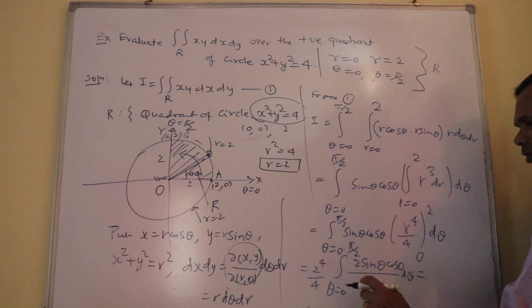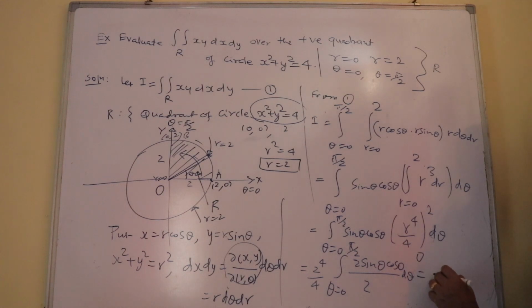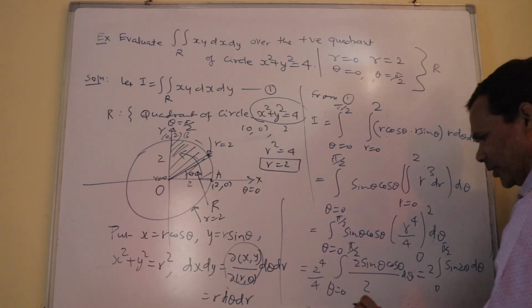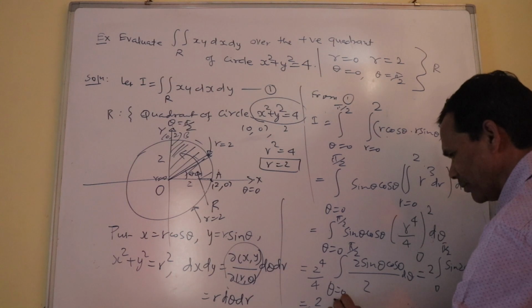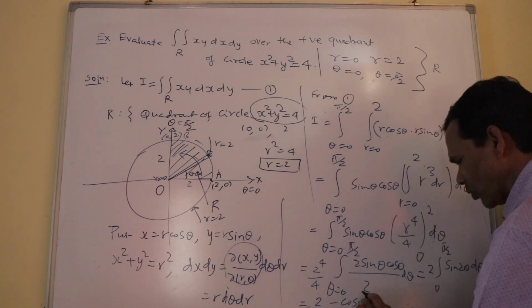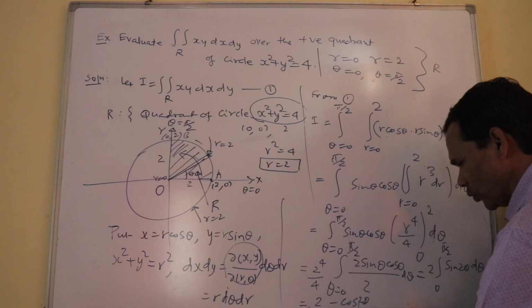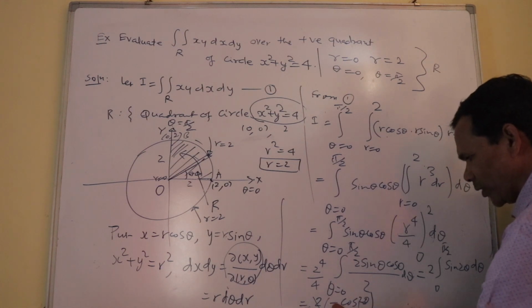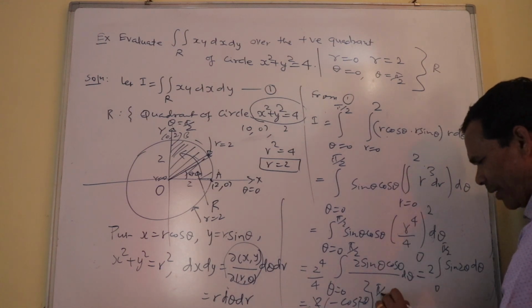or 16 upon 8, it is 2 times integral 0 to pi by 2 sin 2 theta d theta. So integration of this is equal to 2 times minus cos 2 theta divided by 2. Limits applied, this 2 gets cancelled, 0 to pi by 2.